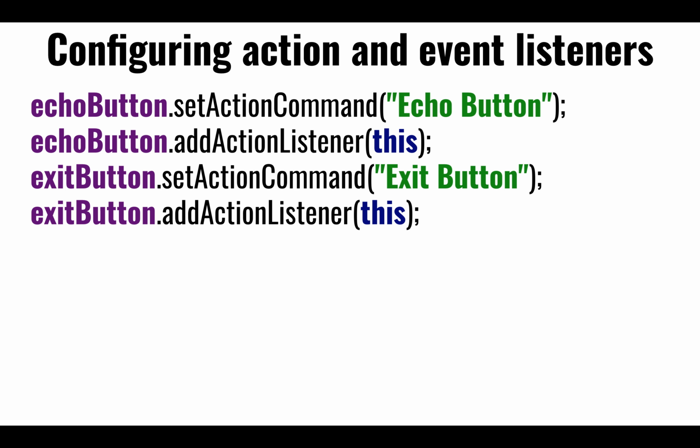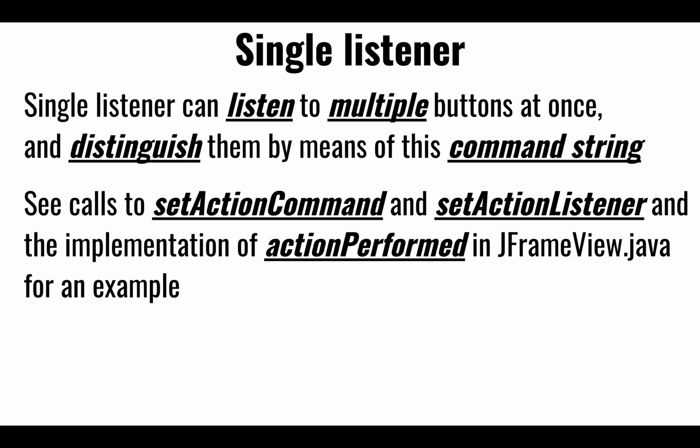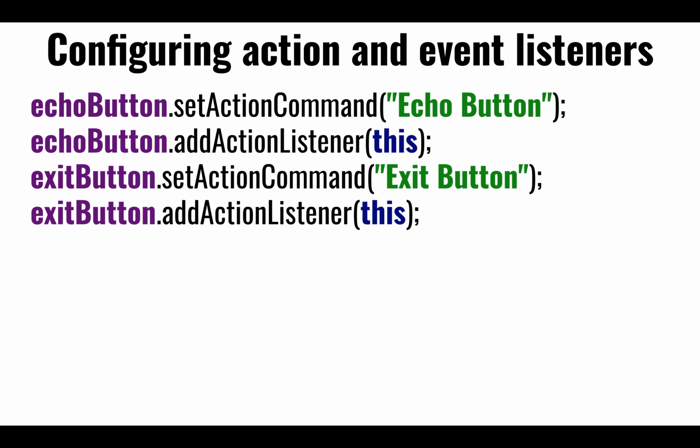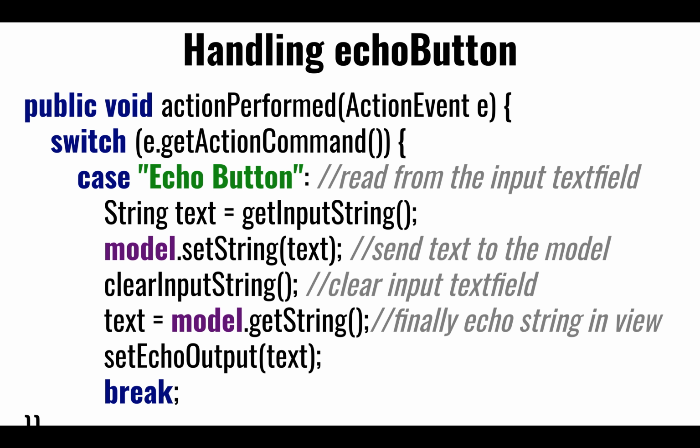Also, we're telling it, when you click the button, this is who you should call. Who? This frame, this JFrame view, because it's implementing the action listener interface, and it has a method that implements there, which is action performed. Action performed is declared in that interface. So here it is, here's the action performed.